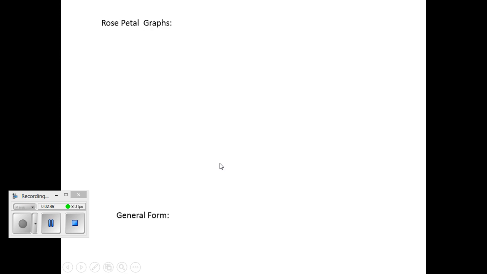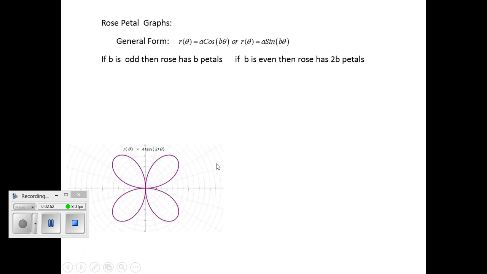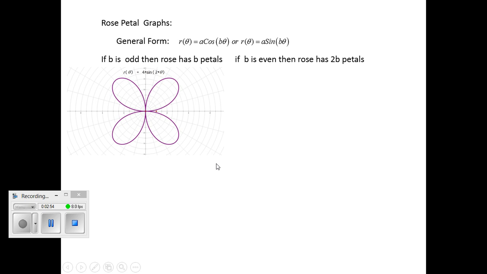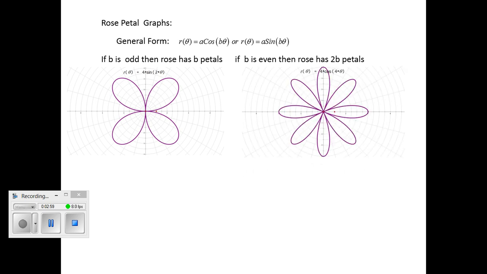The next order of business is the rose petals, which have the general form a cosine b theta or a sine b theta. To tell which is which, basically if the b value, the coefficient of theta, is even, then you will have twice as many petals as that b value.